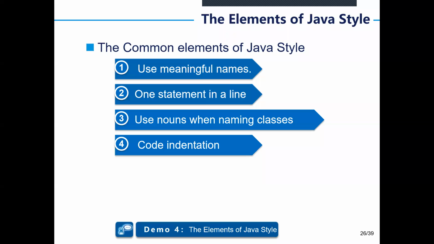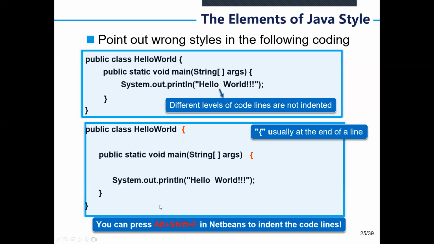Code indentation makes our code easier to read, edit, and understand. In fact, it is one of the most important concepts in any computer language, but it is often neglected by many programmers. Attention please. In NetBeans, you can press Alt, Shift, and F to indent your code lines.